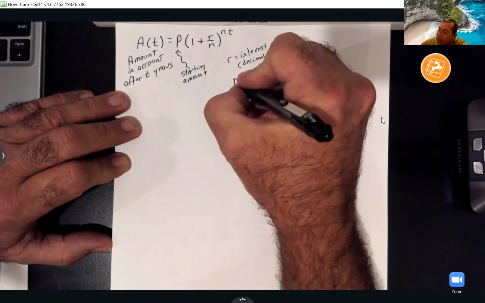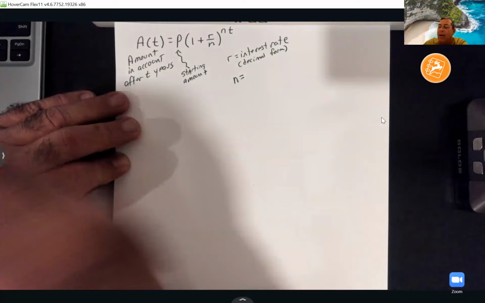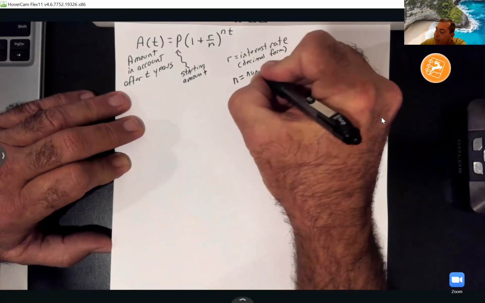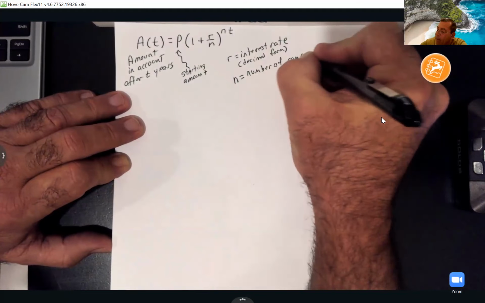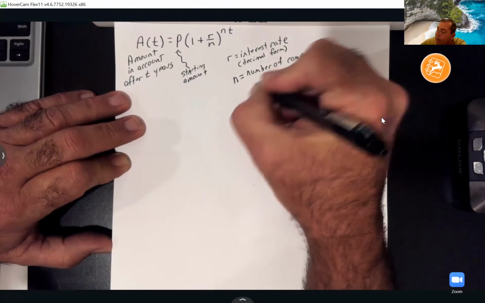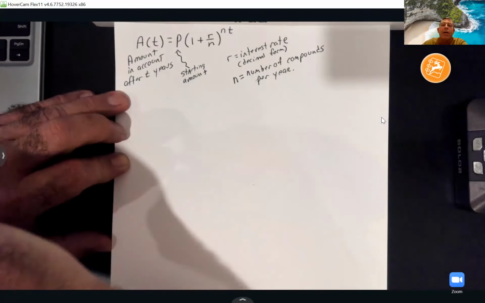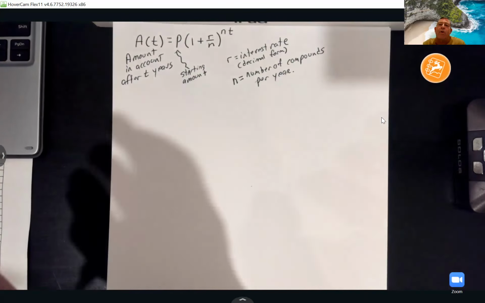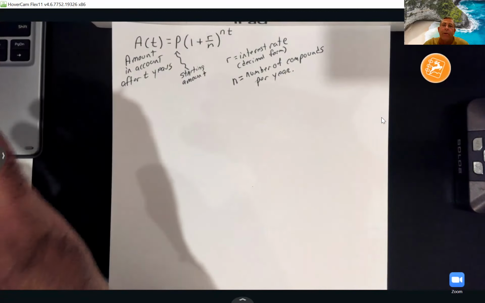N is the number of compounds per year. And a compound is when they go through the formula and they add your interest into your principal.